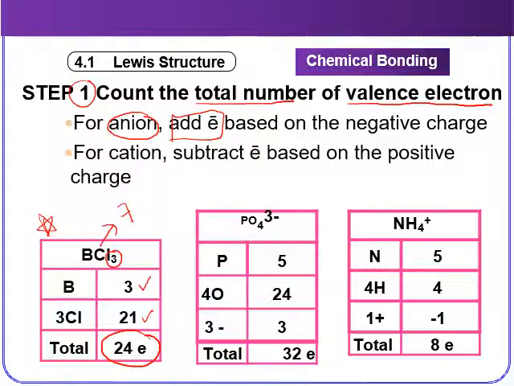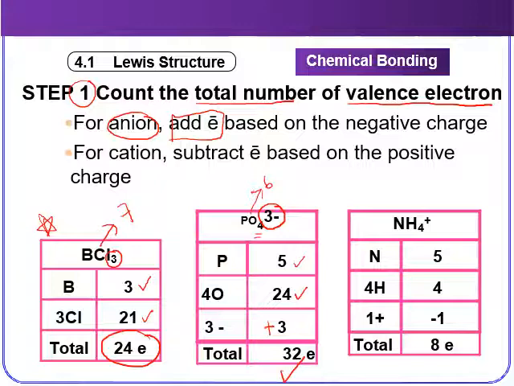The number of valence electrons for phosphorus is 5, for oxygen is 6. But here we have 4 oxygen, 6 times 4 equal to 24. Then the charge here is 3 negative, meaning that this PO4 is going to gain 3 electrons. So 5 plus 24, 29. 29 plus 3, total equal to 32.